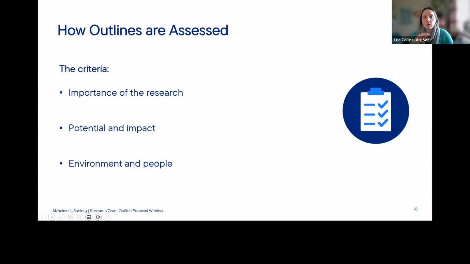Is it moving the field forward? Does it have good impact and potential for supporting people who are living with dementia and affected by dementia? And is the environment that you're working in and the people that you've built in your team, are they appropriate for making sure that that research will actually be successful?